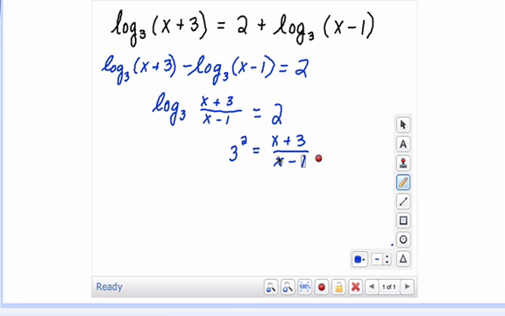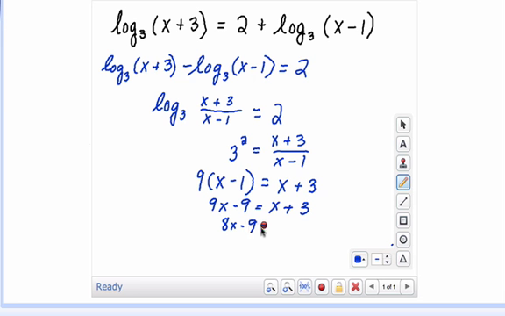Now I'm going to distribute the 9, and I get 9x minus 9 equals x plus 3. I want to get rid of this x over here, so I'm going to subtract x from both sides, and it will leave me with 8x minus 9 equals 3. You add 9 to both sides so that you can eventually get x by itself.